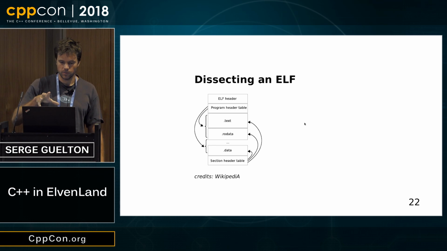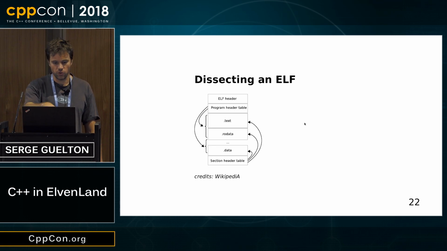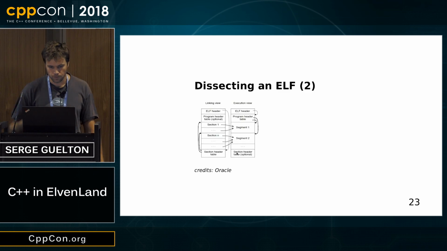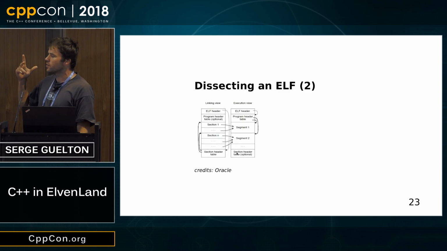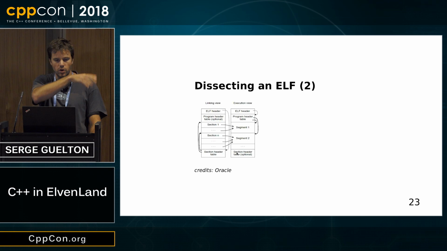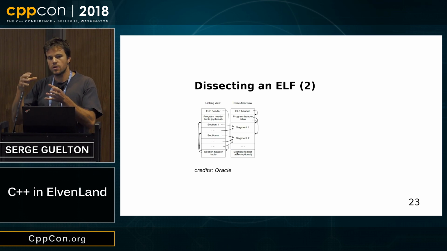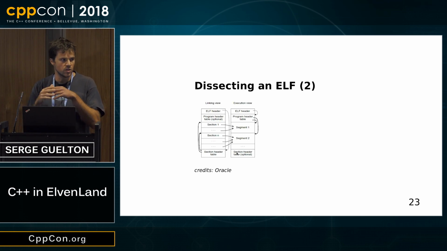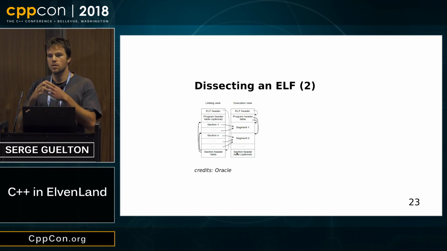So it's capital ELF, because you're dissecting it, right? So you've got this header, and this header has pointers to different sections. The text sections, the read-only data sections, the data sections, and a few other stuff. But actually, there are two views. There's one view, which is the one I gave, and there is the one that the linker has. And the linker doesn't care at all about sections. What's important for it is segments.